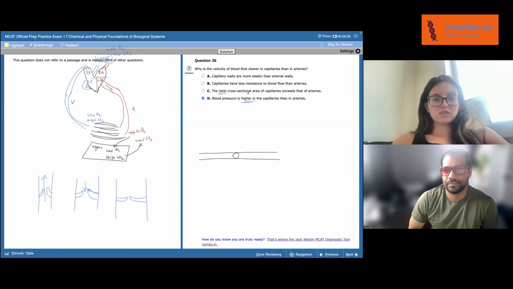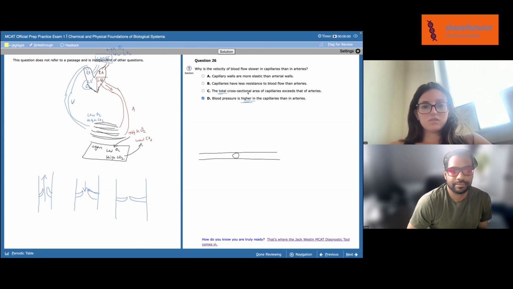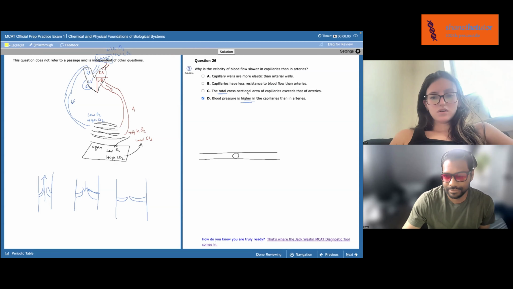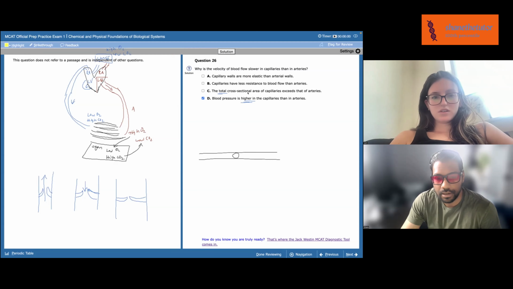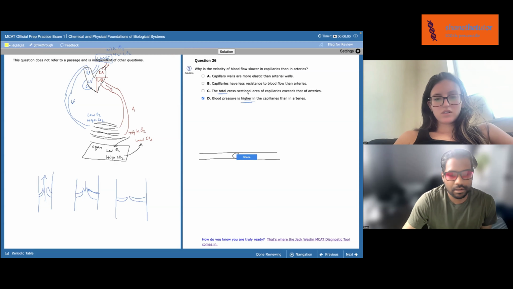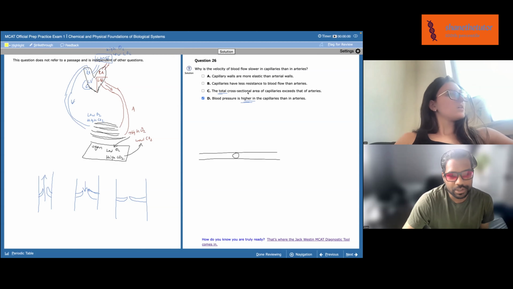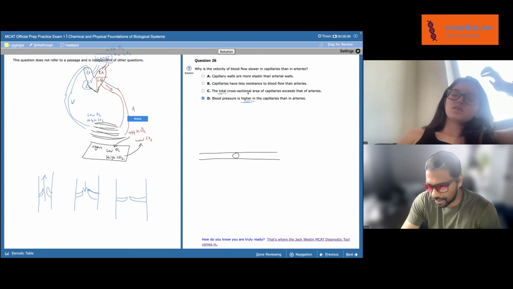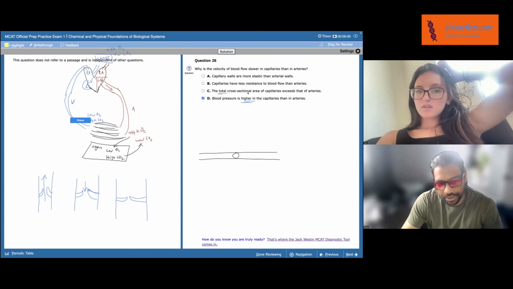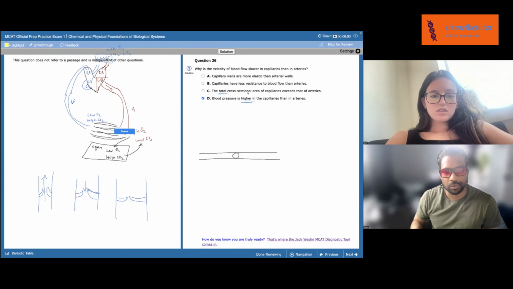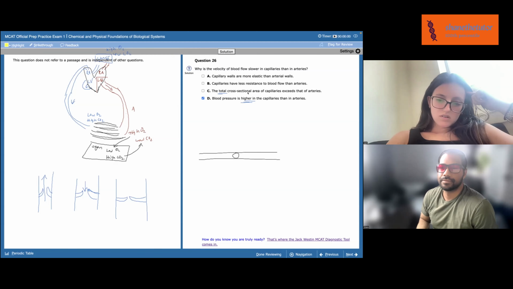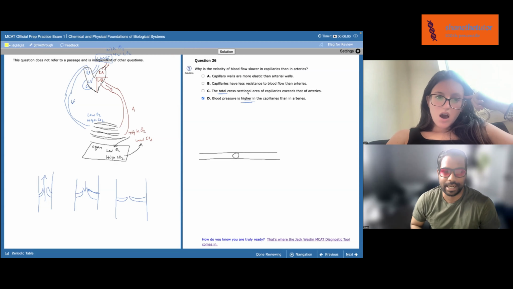Because red blood cells are so numerous. So arteries are not one blood cell thick, veins are not one blood cell thick. Why would capillaries be one blood cell thick? What happens at capillaries?